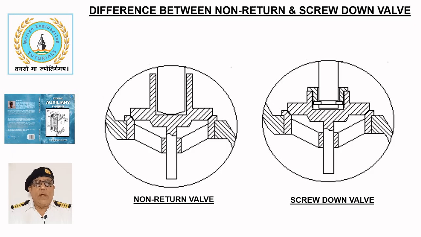Difference between non-return and screw down valve. This sketch shows an enlarged view of the disc and seat of a globe valve, illustrating the difference between screw down and screw down non-return valves. The valve seat is screwed in to the valve body.